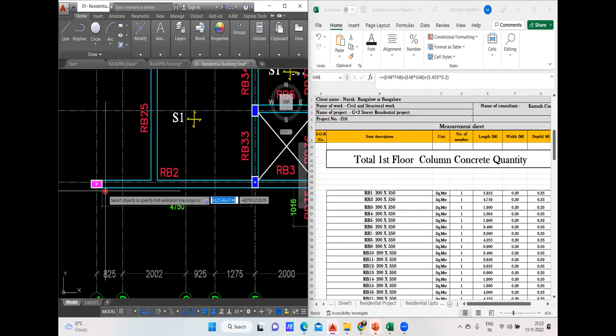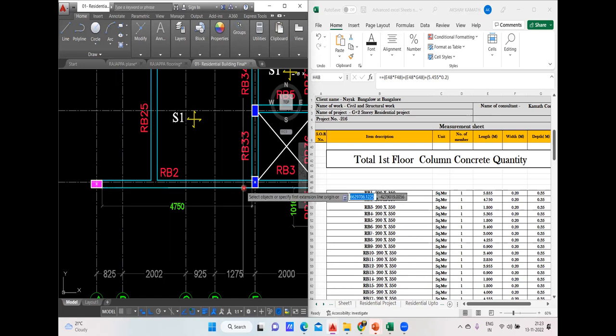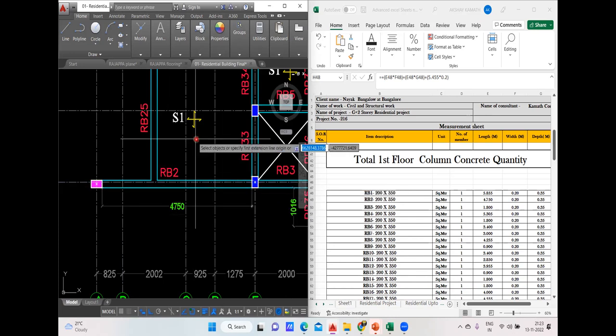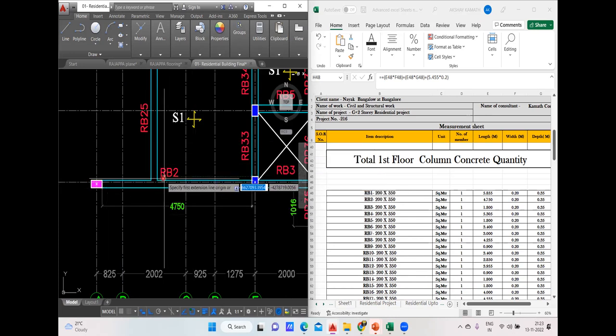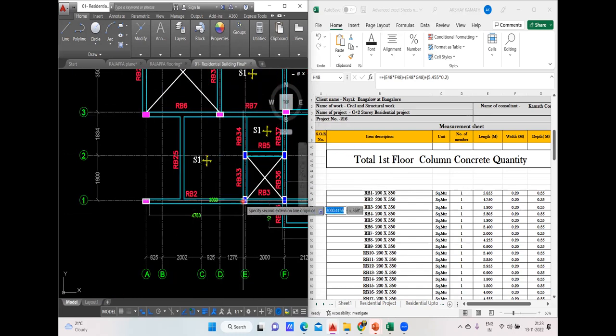After that, 4750 multiplied by the overall depth, because this becomes my outside shuttering. Then when you come to the inside part, you have a slab only in this direction. Only from this to this part you have a slab, which is 3000 mm or 3 meter, whereas here you don't have a slab, it is an open portion.